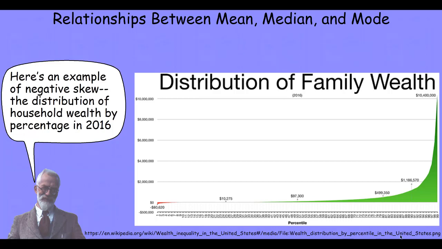Here we see it goes from the top 1% having 10,400,000 to the bottom 1% having negative 80,620 as their household or family wealth. So this is an extremely skewed distribution.